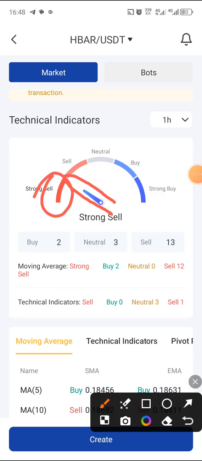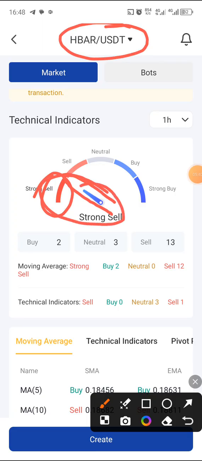And when you apply the law of demand and supply, you will know that there are going to be a lot of H-bar coins in the market, meaning the H-bar's price will fall. I hope I'm communicating. When you see that people are busy selling, the price will fall.